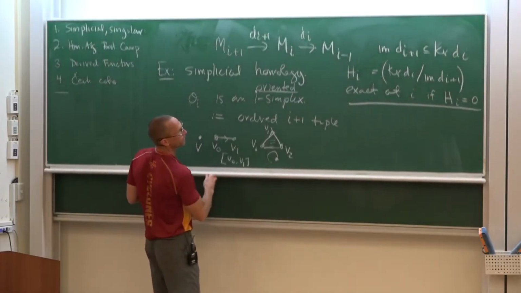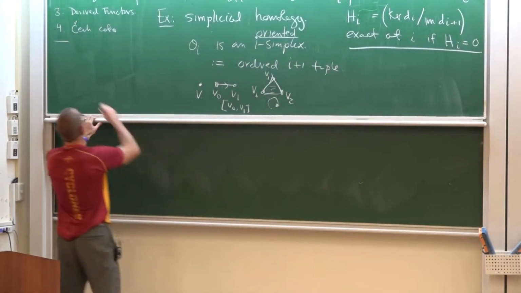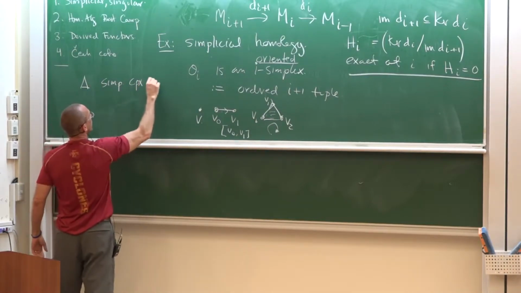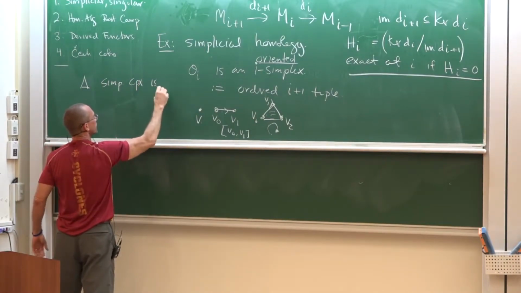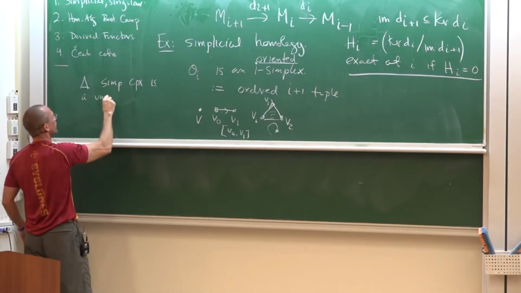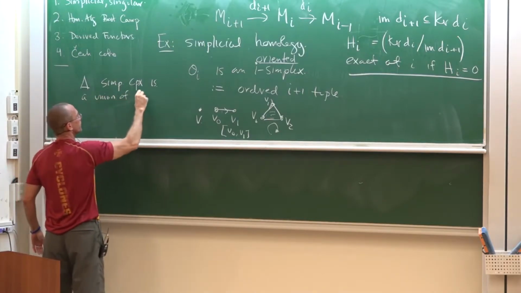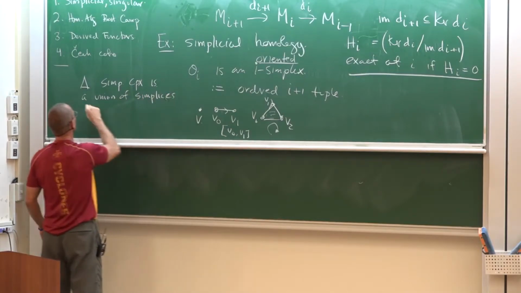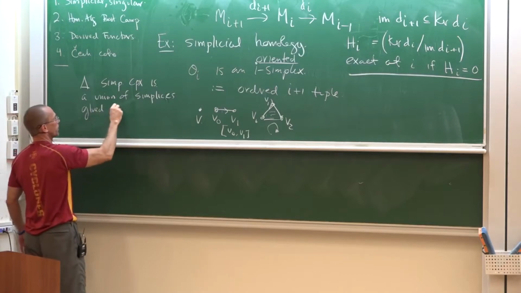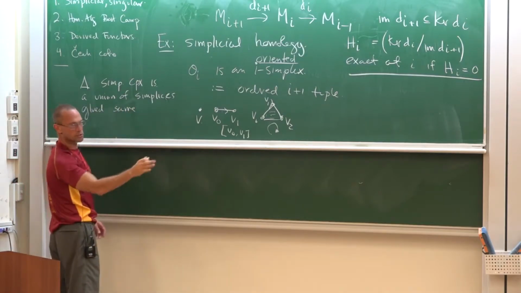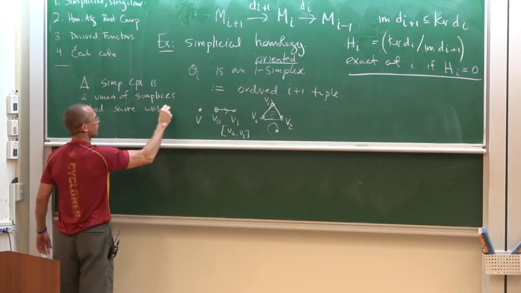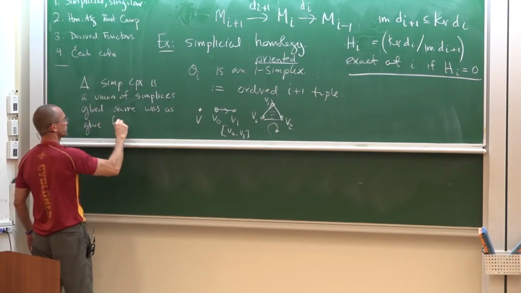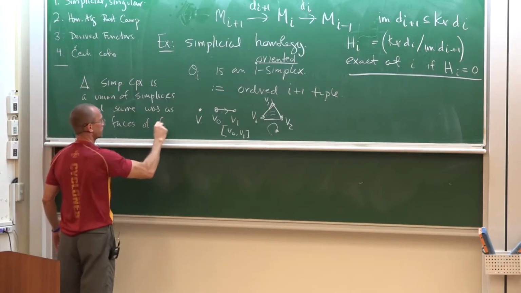And then a simplicial complex. So delta is a simplicial complex. It is a union of simplices glued the same way, in the interest of brevity, as we glue the faces of a fan.